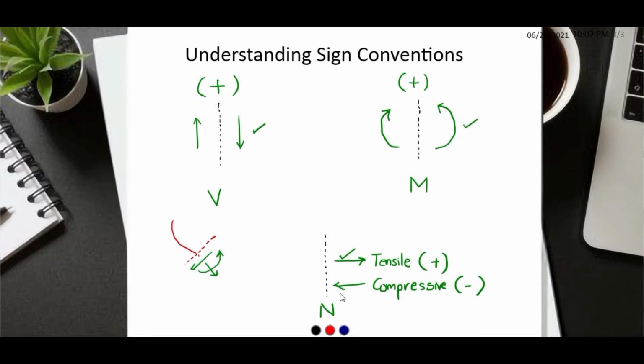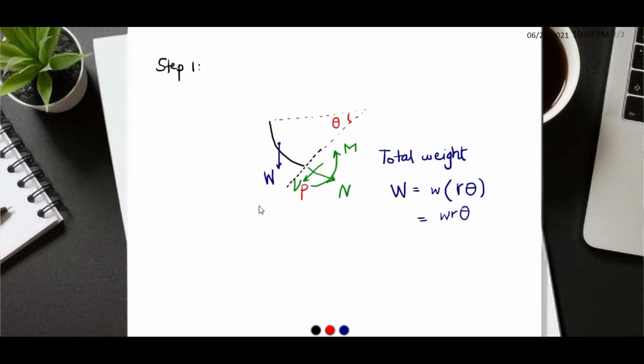Now let's go back to our analysis part. Note that there are no other forces except W acting on this curved section. Note that V, M and N are all internal forces. I am talking about external forces, which in this case is due to weight only. So we can resolve our force like this.